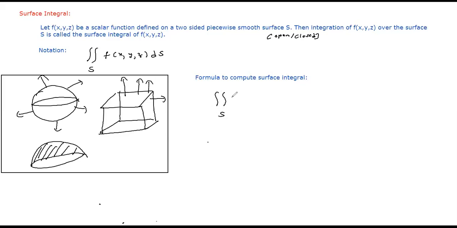It is equal to, like what we did in line integral, double integral and triple integral: you can partition the surface into smaller parts with lines, making it into smaller pieces.